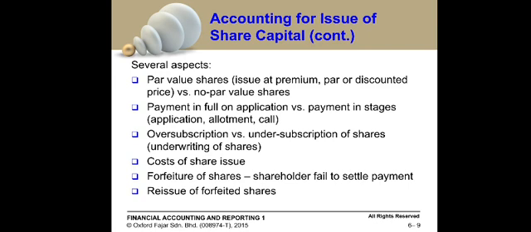Most of the time, the underwriter will purchase the undersubscribed shares at a discount. Like I said earlier, let's say a company wants to sell $10 million of shares, but the share buyers are willing to buy only 8 million, so $2 million undersubscription. The underwriter will purchase the 2 million undersubscription, but will pay a discount.